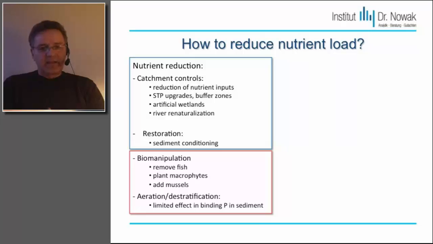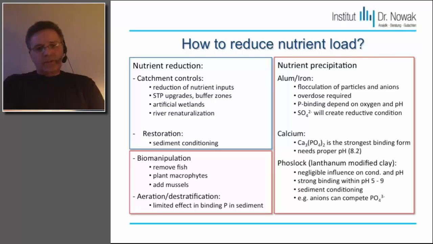We can add mussels as a filtration system. In many cases as well, on the technical side, there are installed aeration or destratification systems that have a good effect on the oxygen concentration in the water body, but a limited effect on the binding of phosphorus in the sediment.